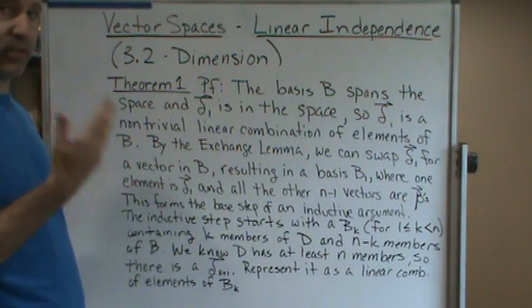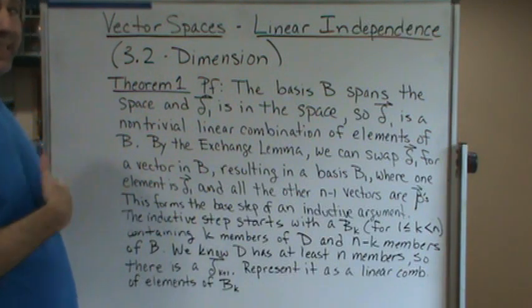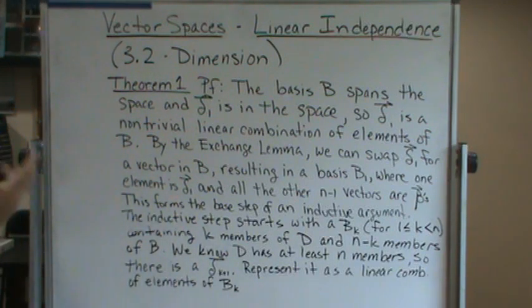And we said, okay, let's take any other basis D with members delta, and what we want to do is show that D has no more than n members in it. So that's pretty much where we were left off.